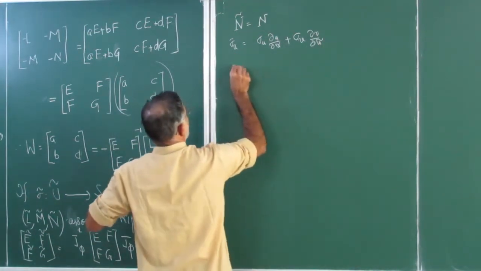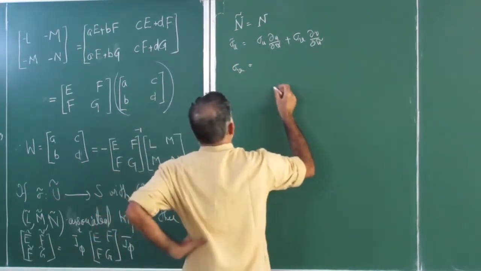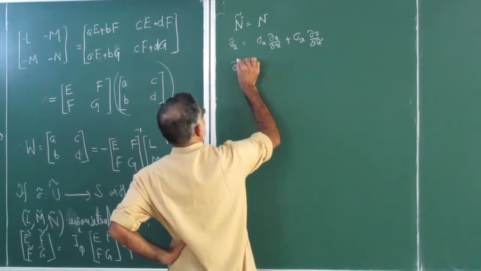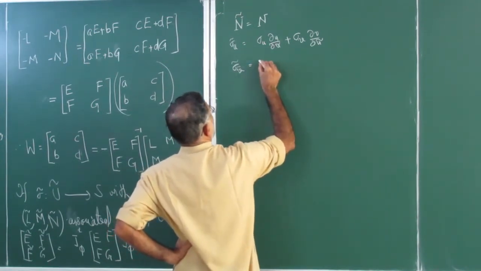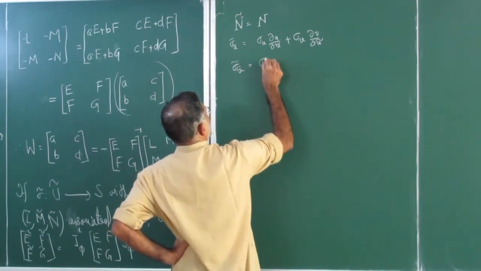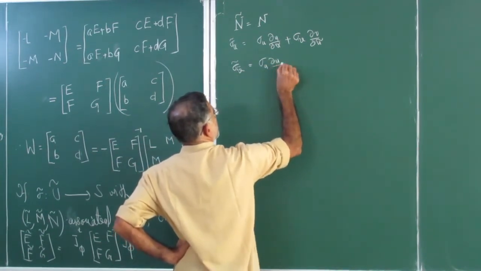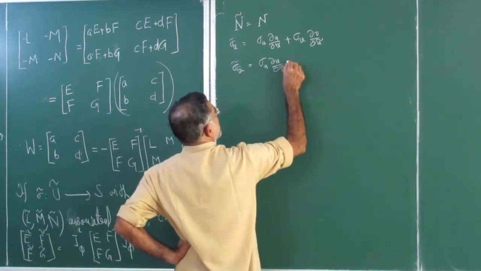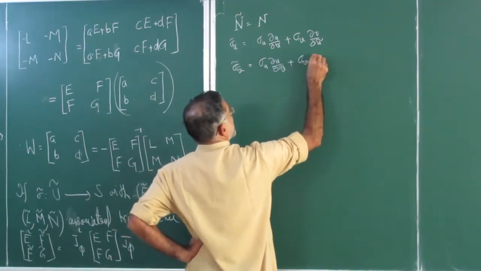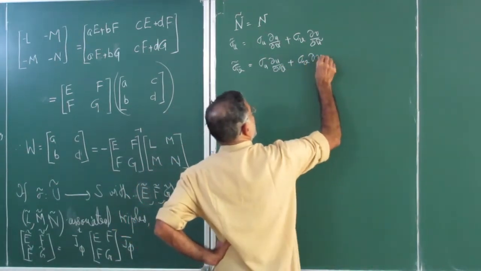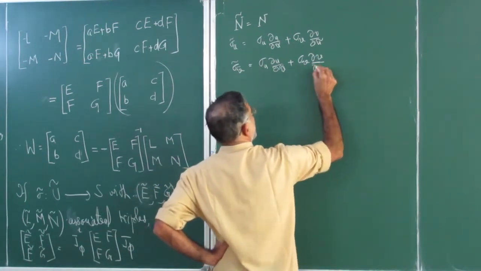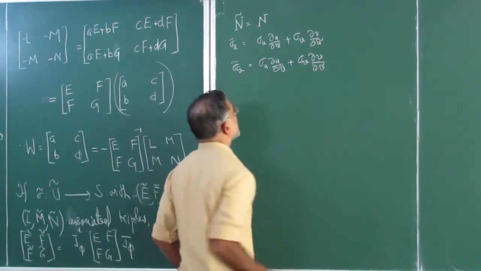And let us write sigma tilde v tilde is equal to sigma u dou u by dou v tilde plus sigma v dou v by dou v tilde. So, this is so far good.